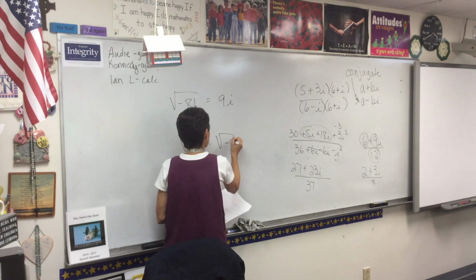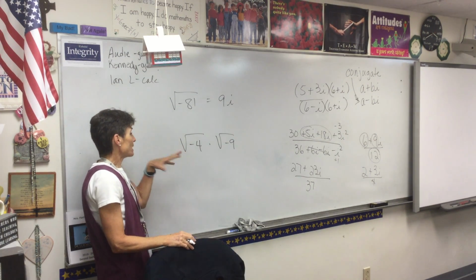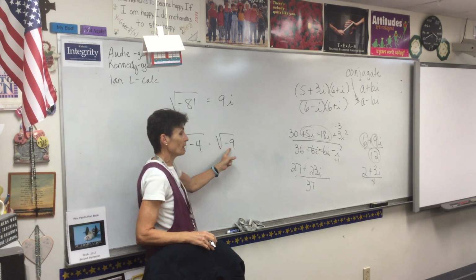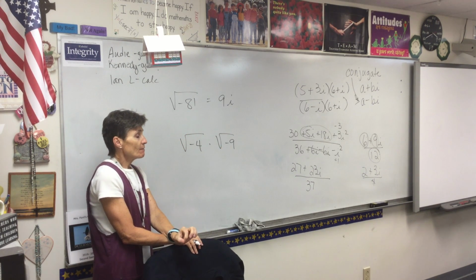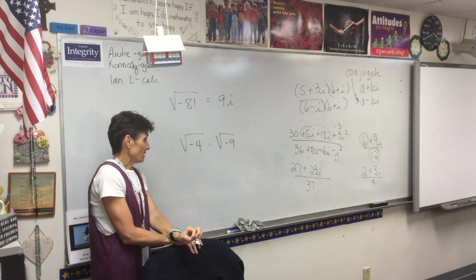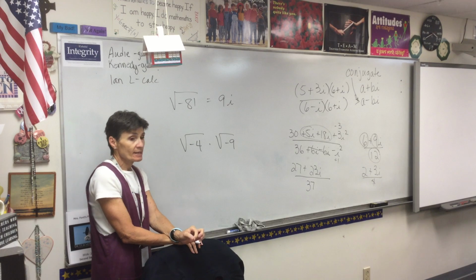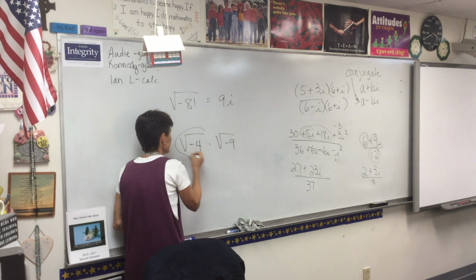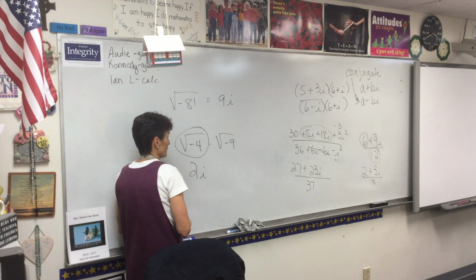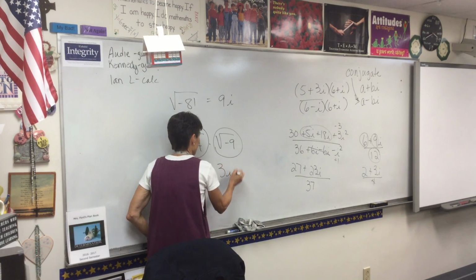F always causes us problems because we're tempted to just multiply these two together, and we can't. If you have the square root of a negative, the first thing you have to do is take care of the i. So what does the square root of negative 4 become? 2i. What does this one become? 3i.